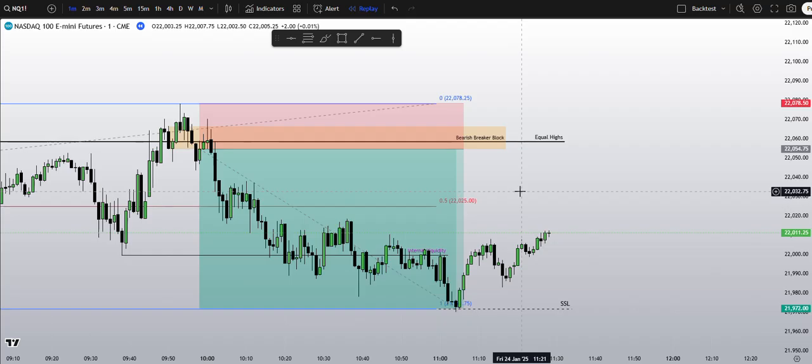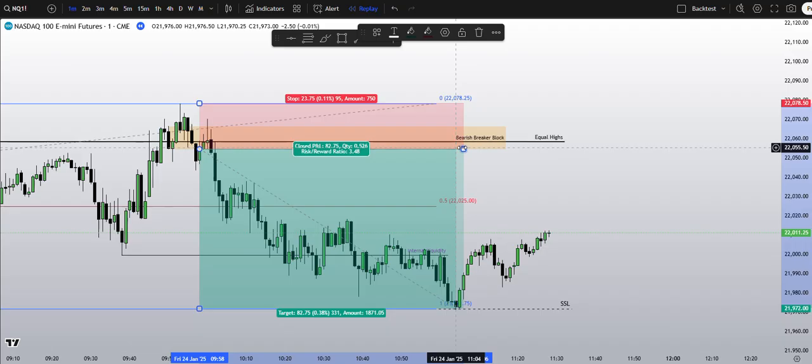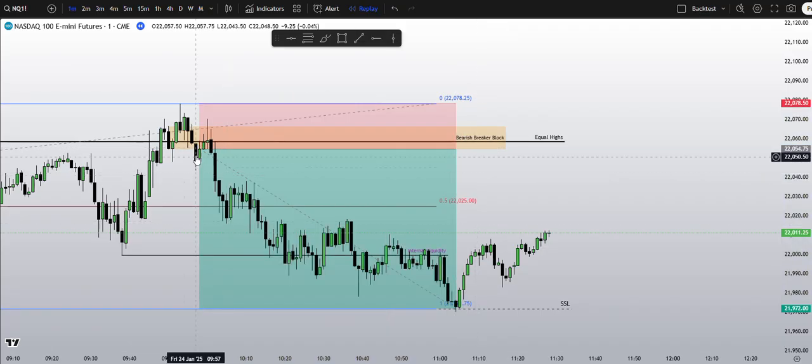So with that being said, I hope this was a good breakdown, and provided some insight on this model with another added method of confluence, using the fib of the dealing range. Don't forget that, of the dealing range. Not just any range, the dealing range.